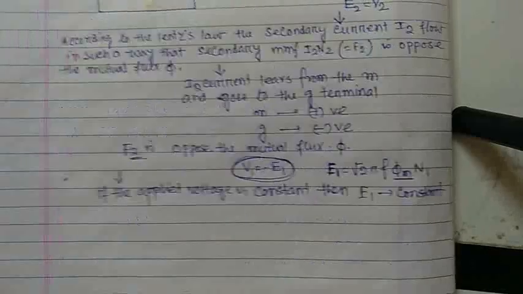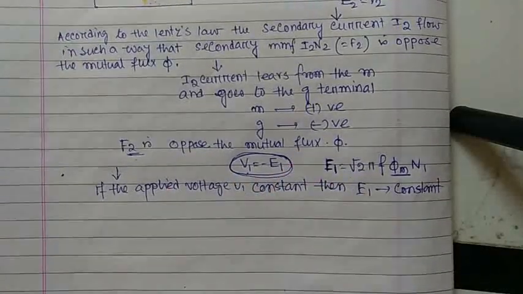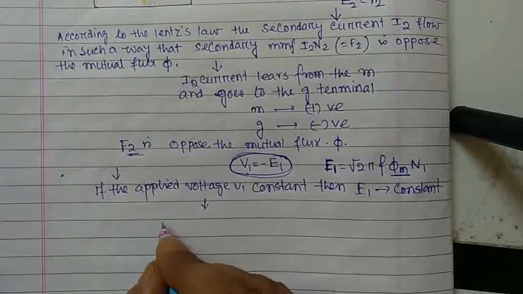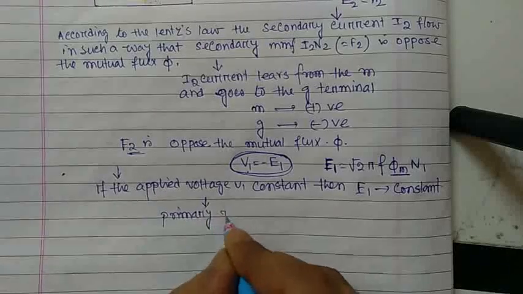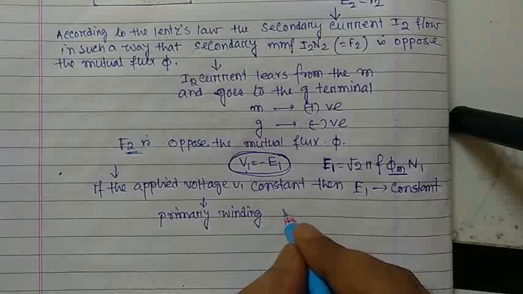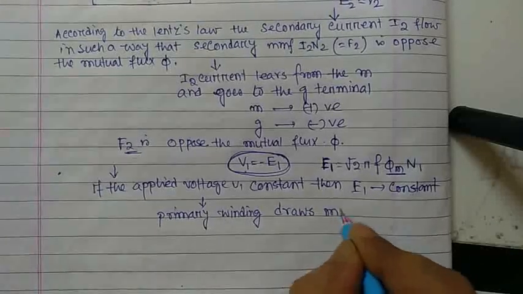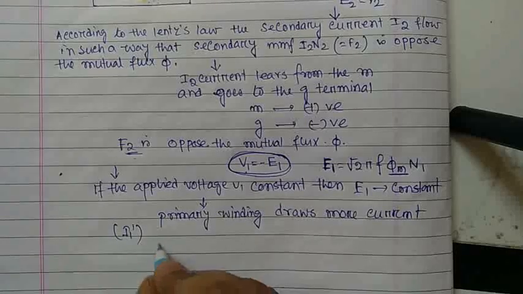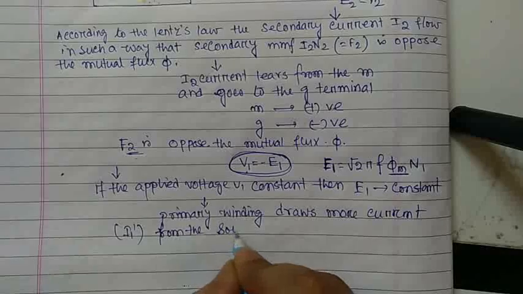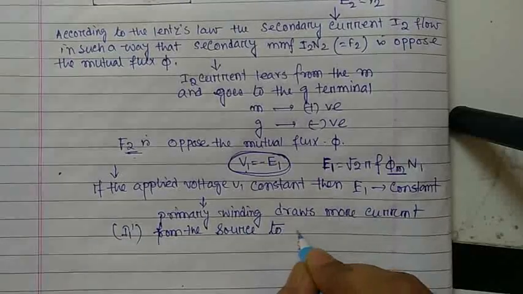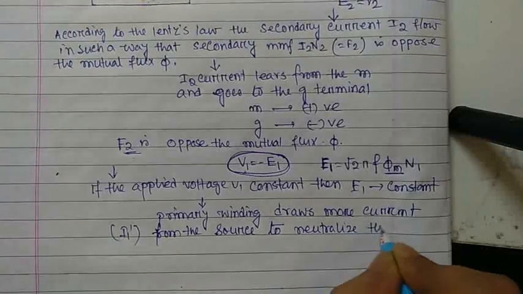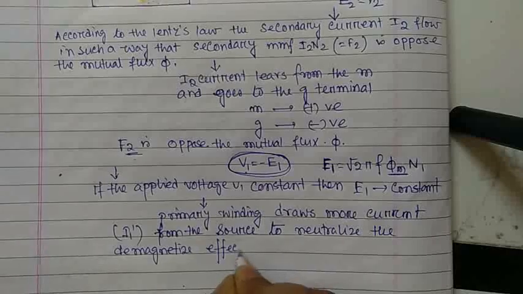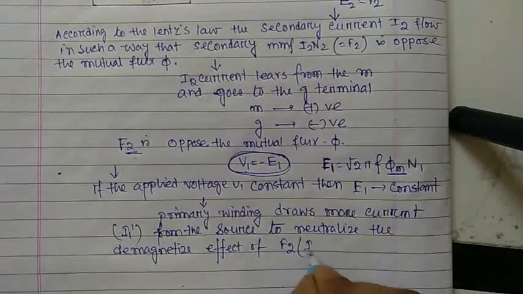So while the load is connected, the primary draws more current, suppose I1 dash, from the source to neutralize the demagnetizing effect of F2, that is I2 into N2.